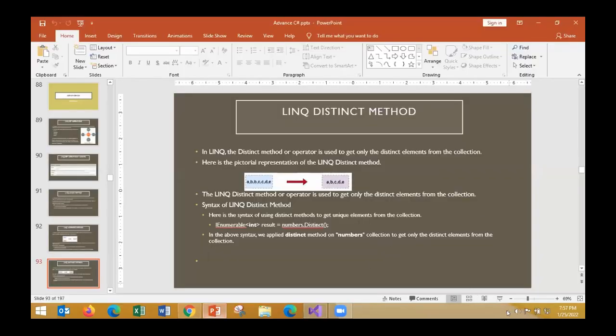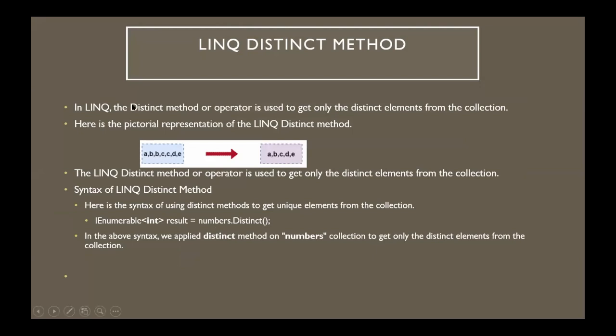And then we have the distinct method. So distinct method or operator is used to get only distinct elements from the collection. You can get a distinct behavior from the same collection or from different collections. So you have the same collection. What are the distinct elements?